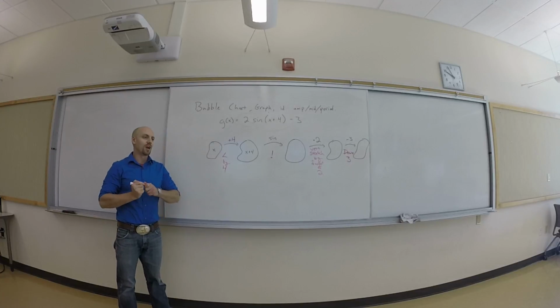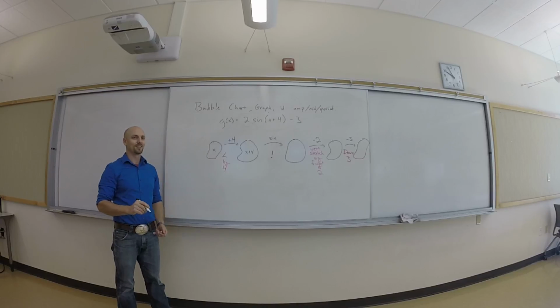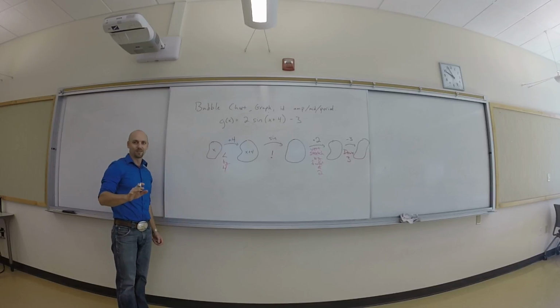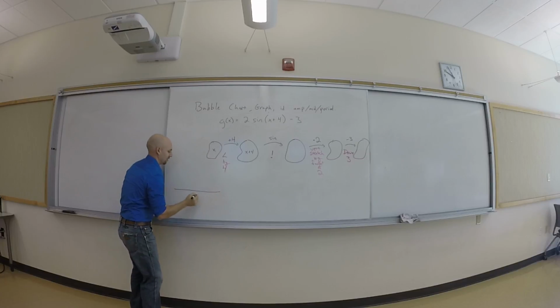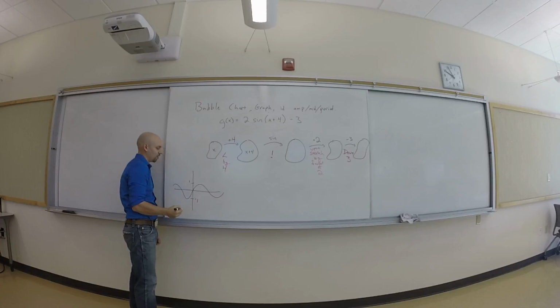Okay, so some of you were asking how I do this, and I do this the dumbest way possible. I draw a regular sine to start with, right? So regular sine looks like this, more or less. How high are these? 1 and negative 1.